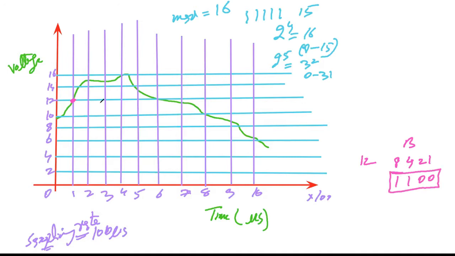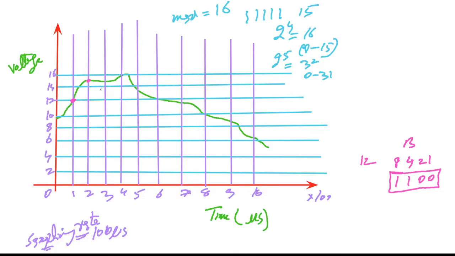So here I get one sample after 100 microseconds, and that is 1100. Now after another 100 microseconds, I get another sample, and that value is 15.